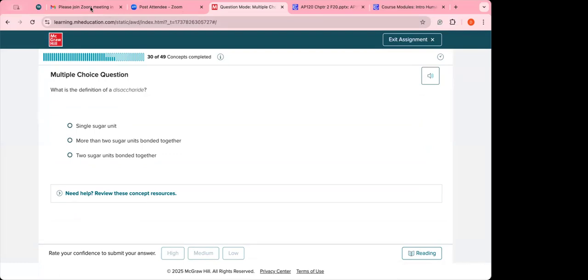It says, what is the definition of a disaccharide?